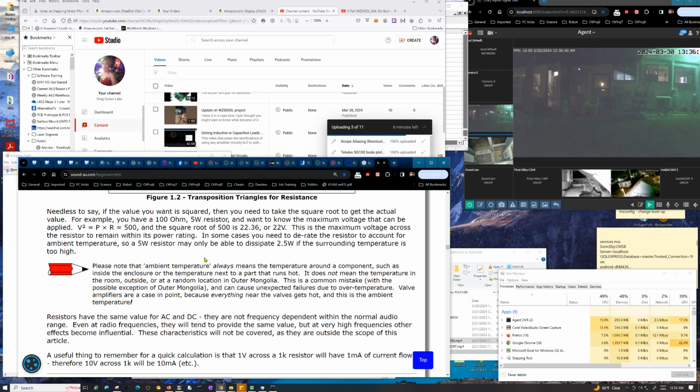What you really need to take your temperature at is right by the component, but it should be underneath the component, especially if it's mounted on a vertical circuit board. So you can imagine a resistor or some other component, and take the temperature directly under it. My advice, if I were doing it, would be to take it a few millimeters underneath.